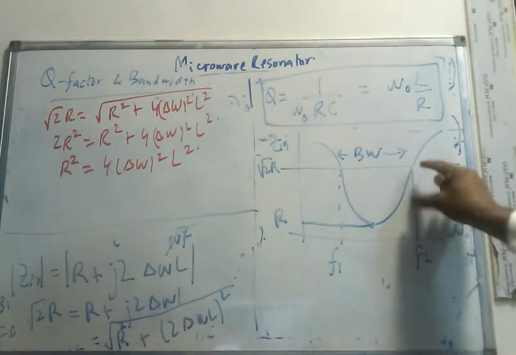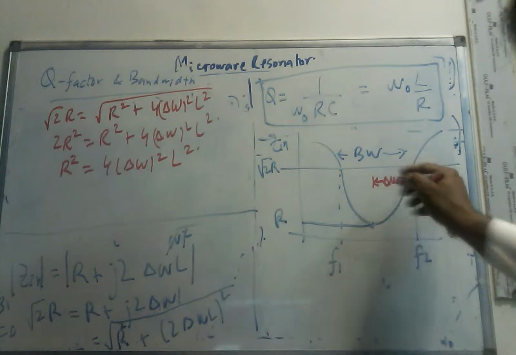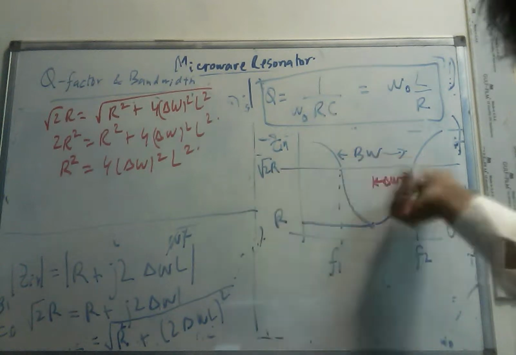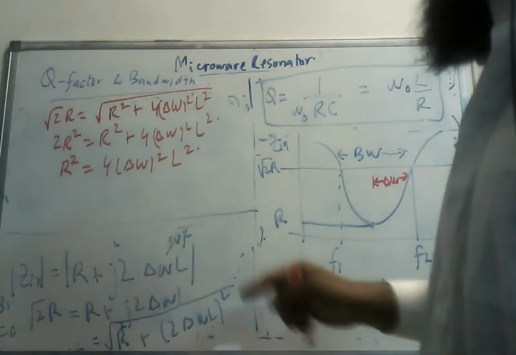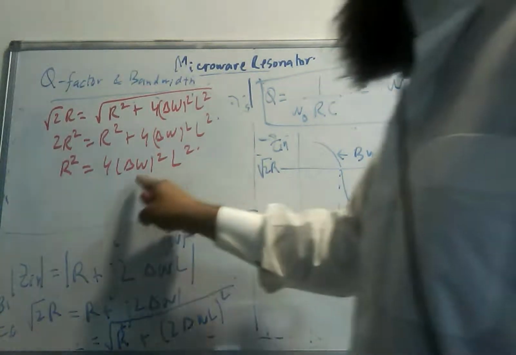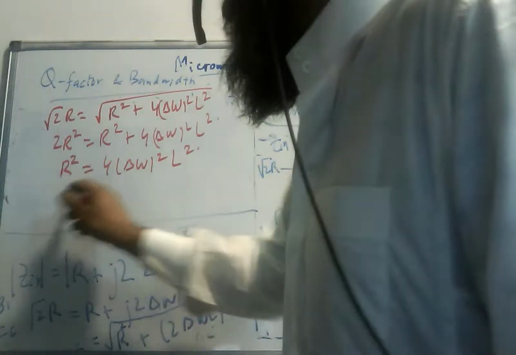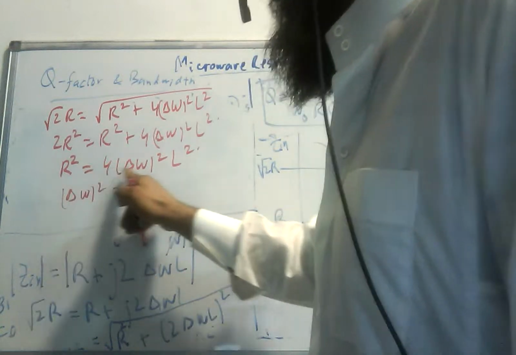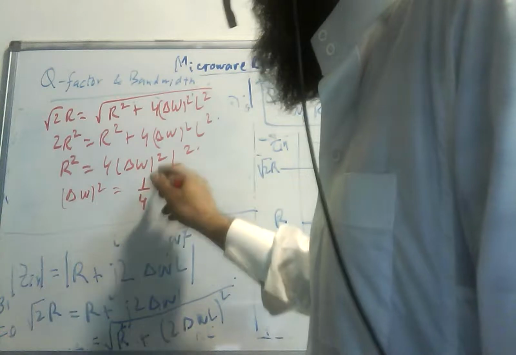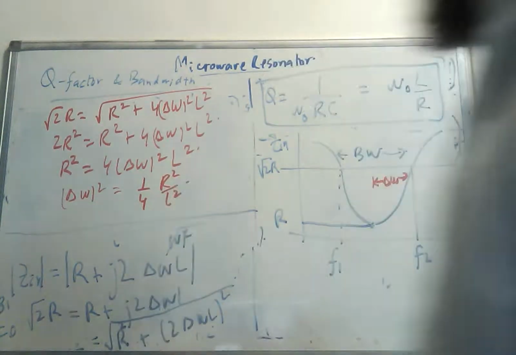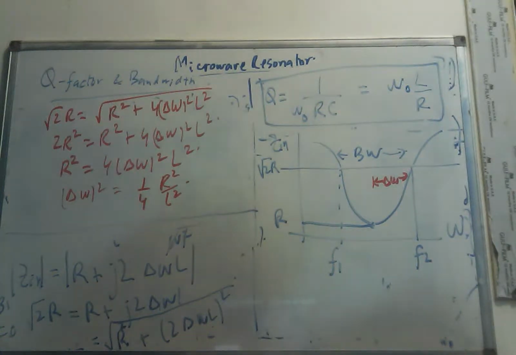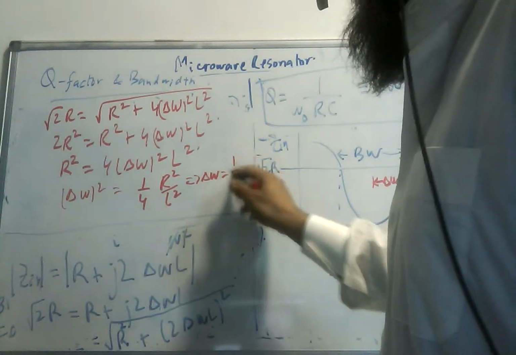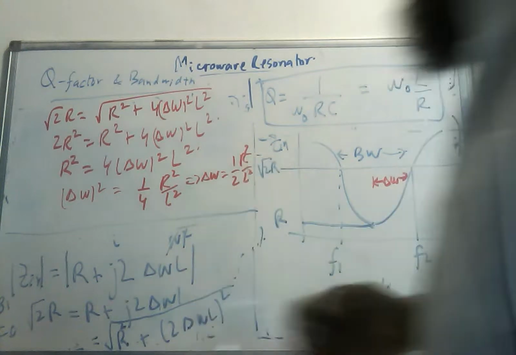So now this is this delta omega, because I am finding these two roots, square root 2 R. So this delta omega square is equal to R square over 4, R square divided by L square, so delta omega is equal to 1 over 2, R over L.